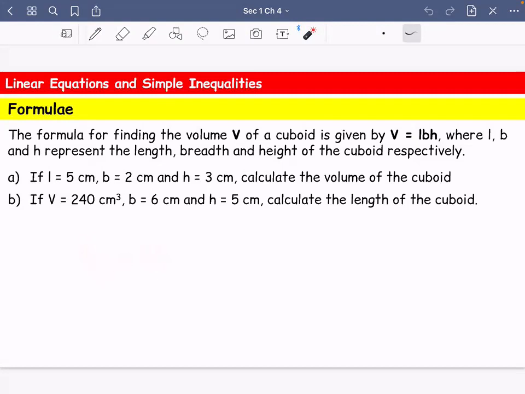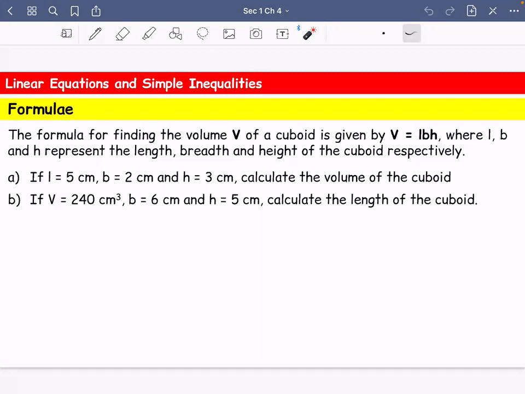Okay, and then have you learned how to get the volumes of shapes or figures? Have you learned that? Okay. Now, the volume of, let's say, a cuboid. A cuboid is a three-dimensional rectangle.